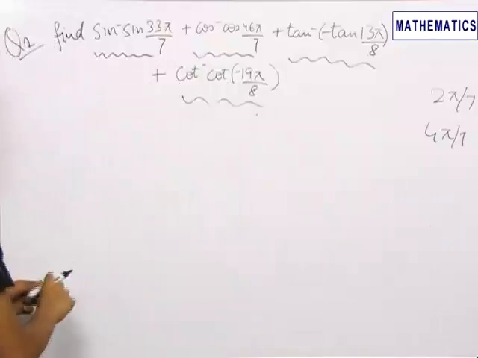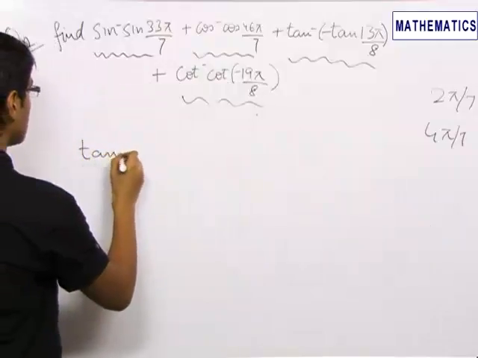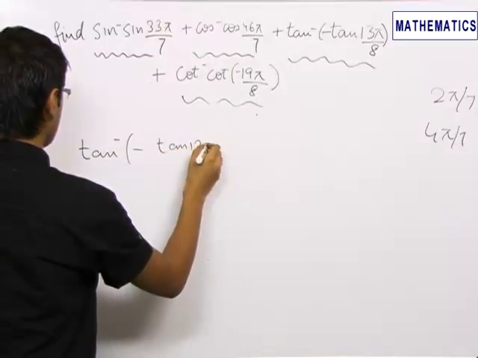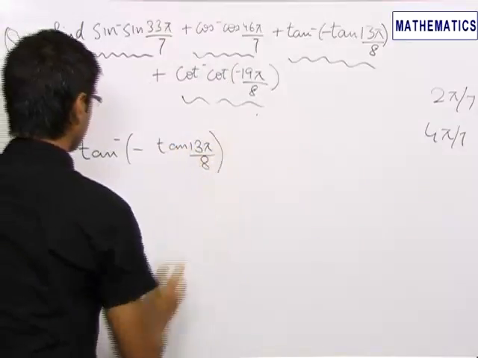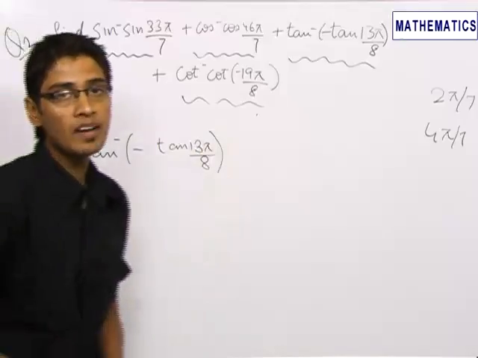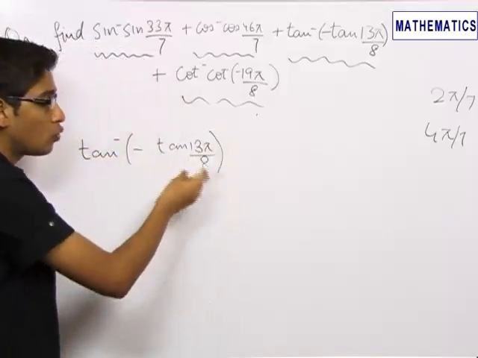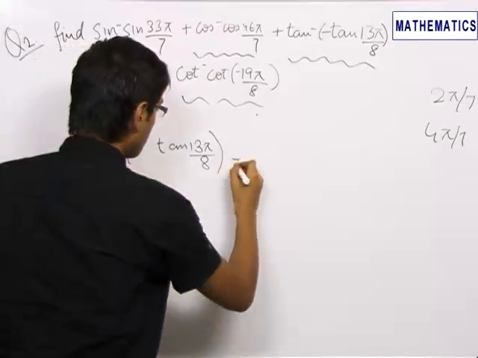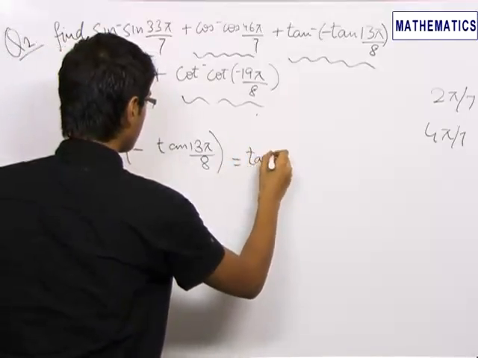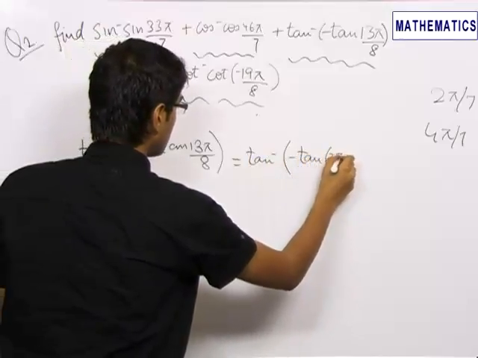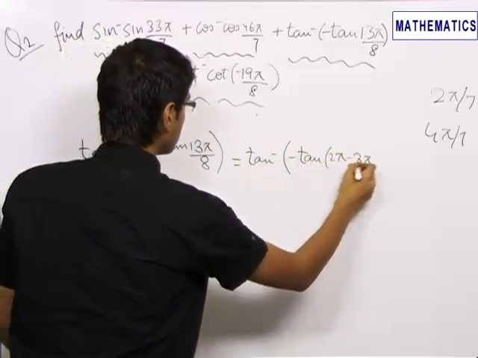Now we need to find out tan inverse of minus tan 13 pi by 8. Now we know that tan of 2 pi minus theta is minus tan theta. So we can convert this minus tan theta into tan of 2 pi minus theta. This can be written as tan inverse of minus of tan 2 pi minus 3 pi by 8.